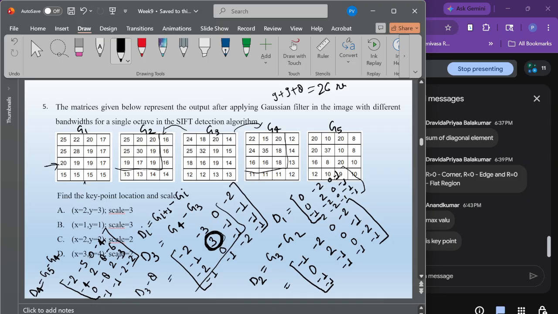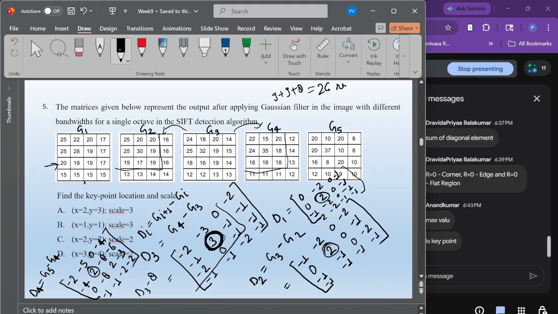Okay, yes, ma'am. So in the layer below, that means D2, 3 is greater than all the values, right? If you check this center, 3 is greater in D2 as well, and this is also a positive number. If you check the 3 cross 3 center matrix, the 2 is there.